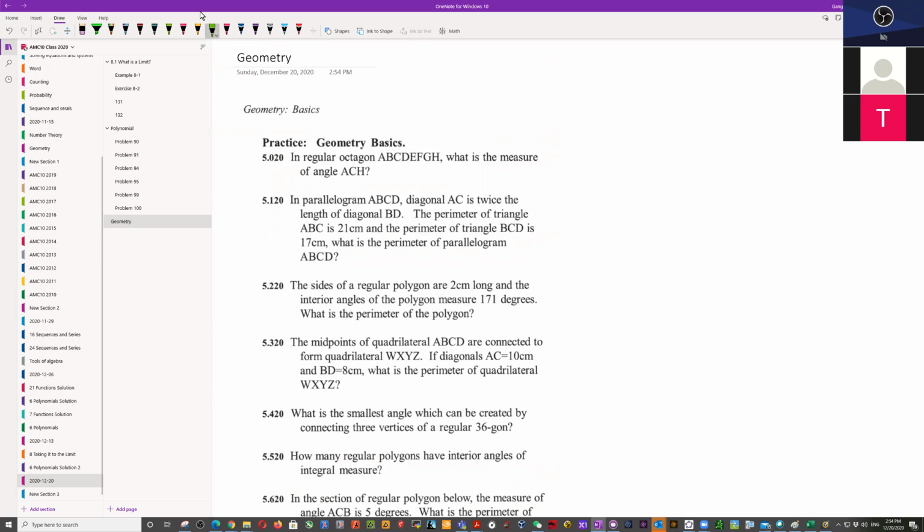So basically, in the regular octagon ABCDEFGH, let me copy a regular octagon from the internet.